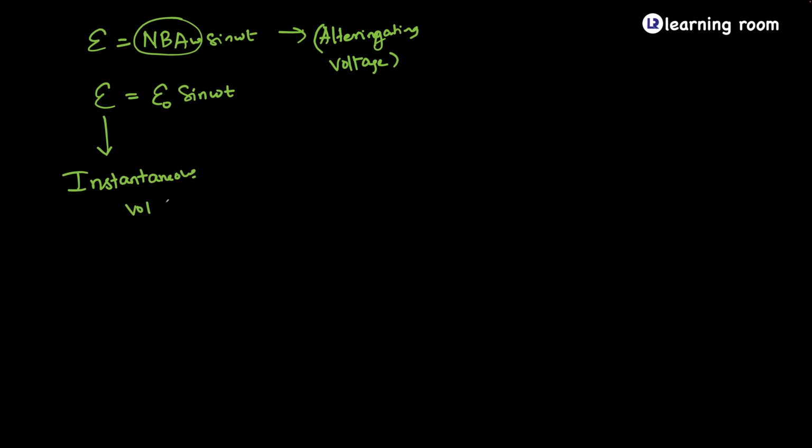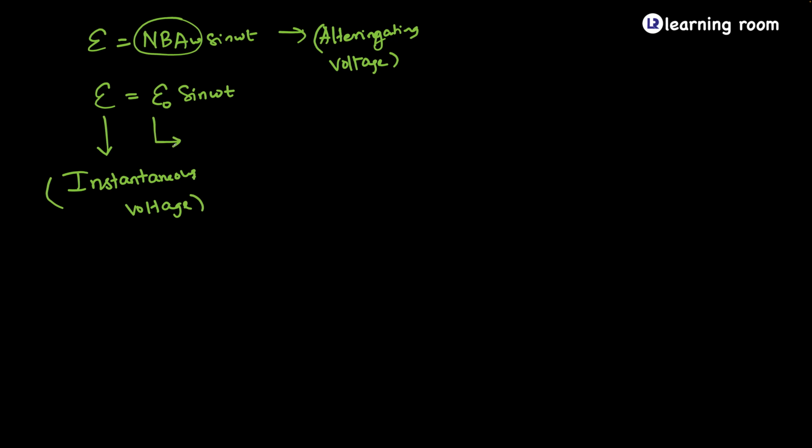Why we call it as instantaneous voltage is because by substituting different values of time inside this, you will get different values of EMF. Right. So this is called as the instantaneous voltage.